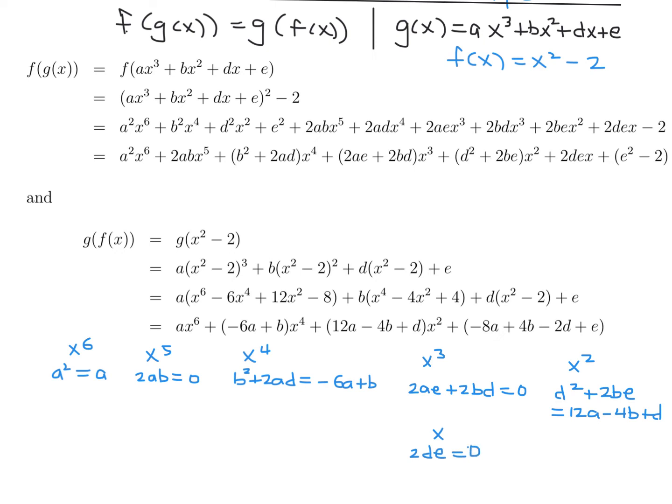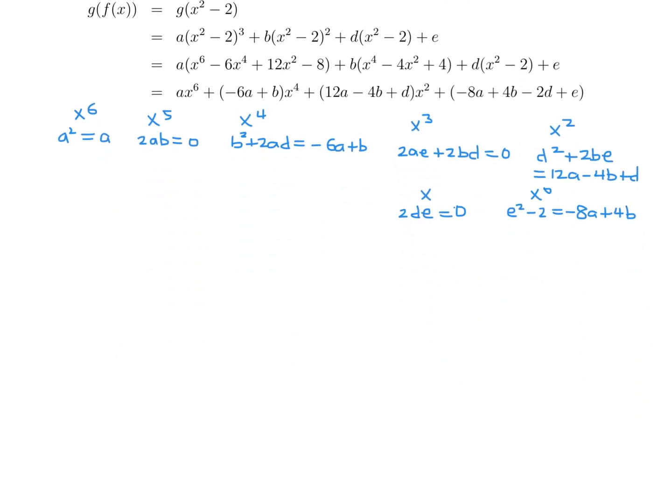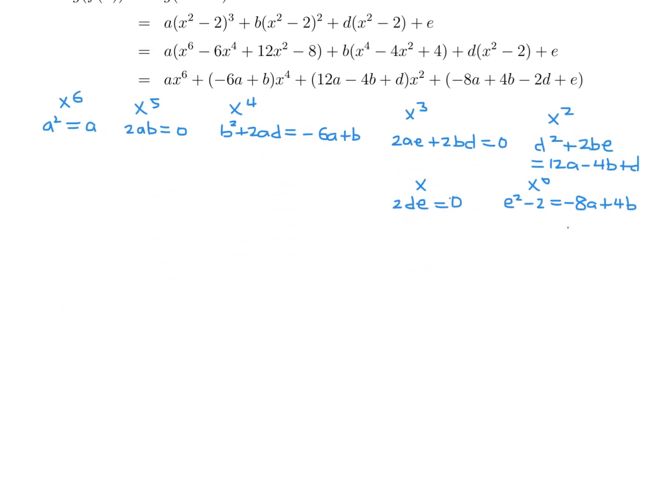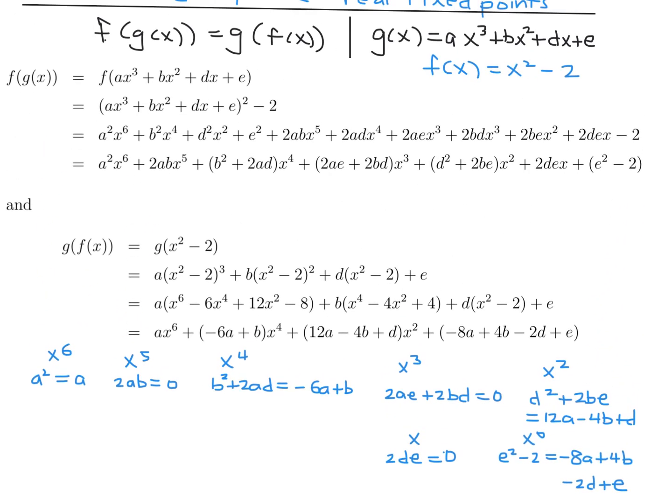Finally, the x to the power of 0 coefficient up there is e squared minus 2, and downstairs it's minus 8a plus 4b minus 2d plus e. Okay, great. So now we have to solve these. We have to get the actual values of a, b, d and e. And once we do, we can figure out what that polynomial is.